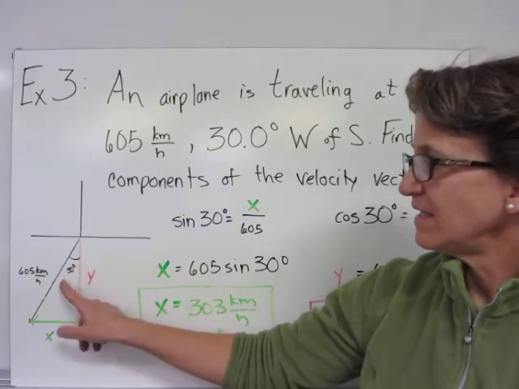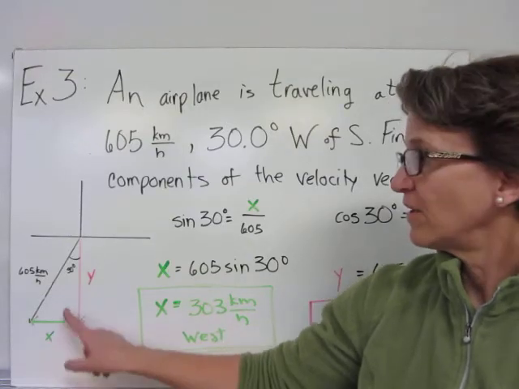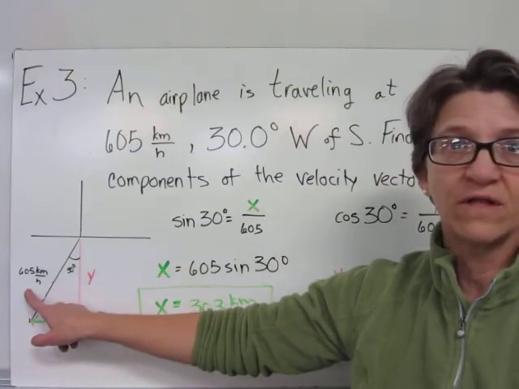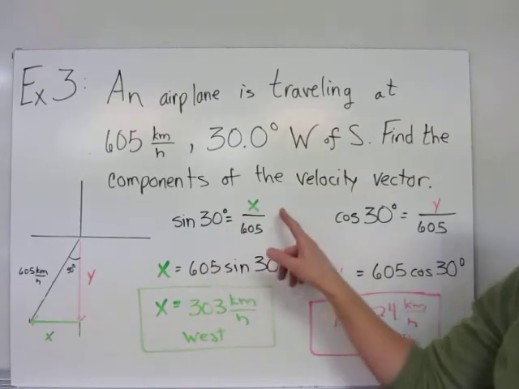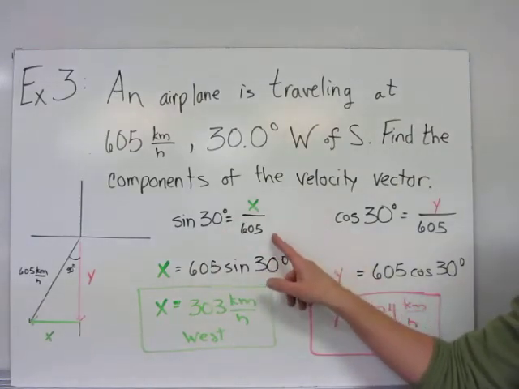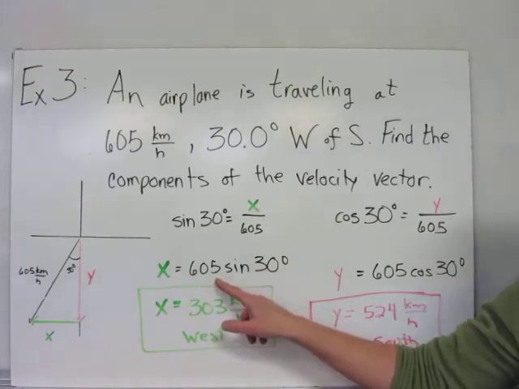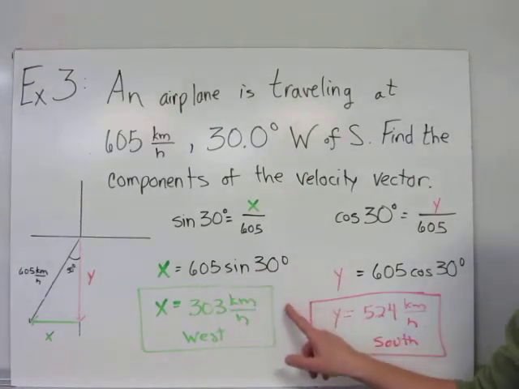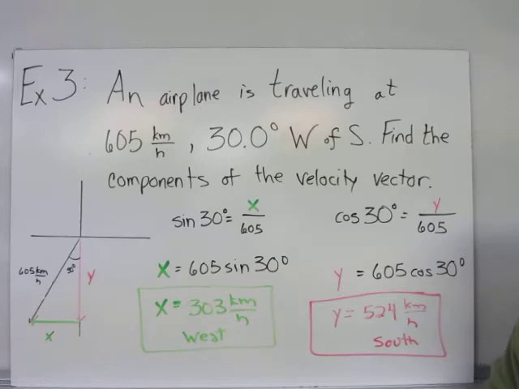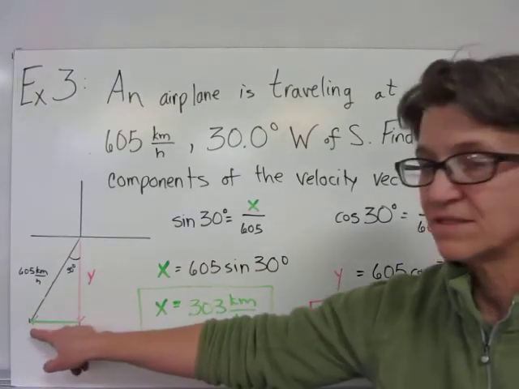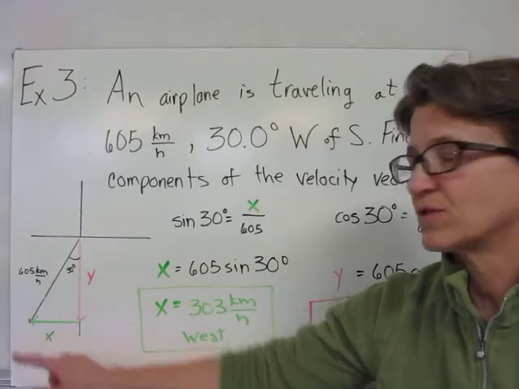So my sine is opposite, so it's x over my hypotenuse, 605 kilometers per hour. So sine of 30 degrees equals x over 605. X is equal to 605 times the sine of 30. Your value for x is 303 kilometers per hour, and the direction is west. You're pointing towards the resultant.